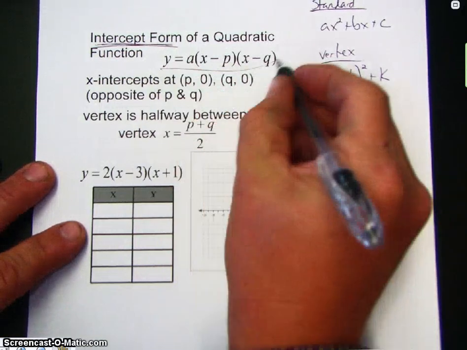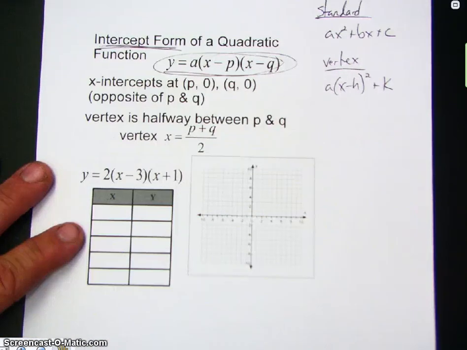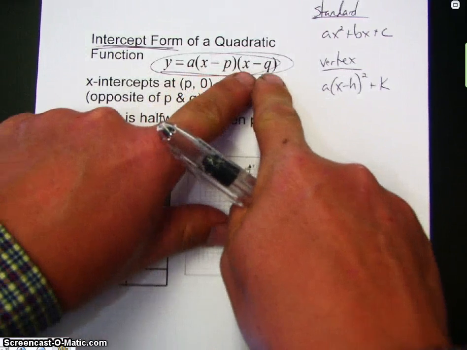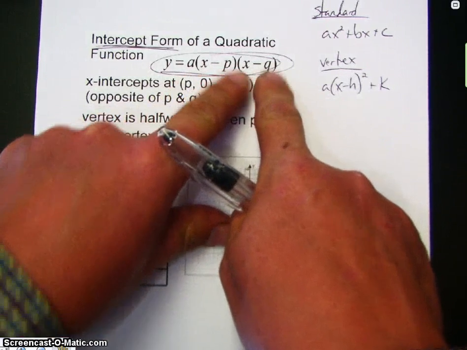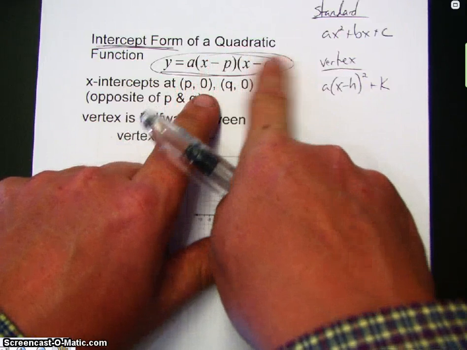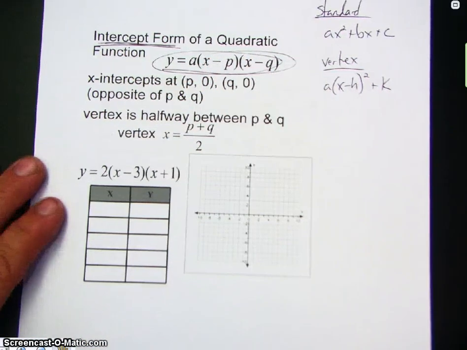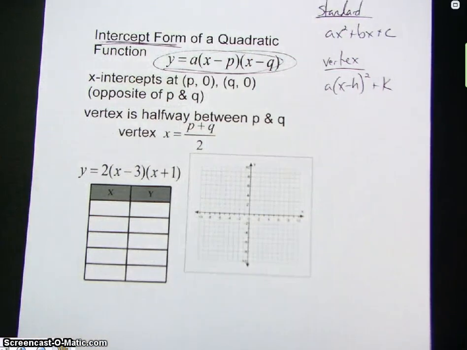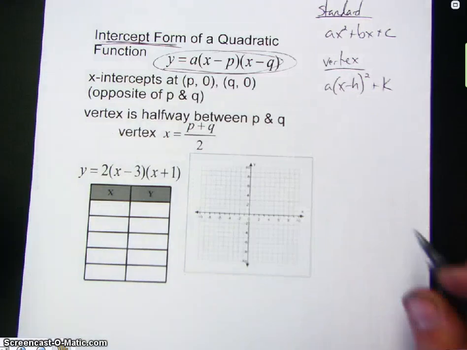Now we're doing x-intercept form. Now you've got two sets of parentheses, and notice nothing's being squared in here. These are the three forms you need to learn how to graph, and we're doing the third form right now.